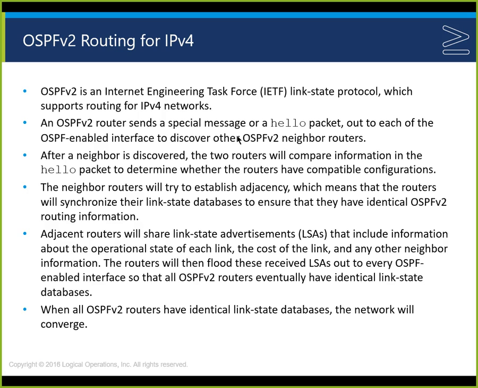OSPF sends hello packets to the OSPF enabled interfaces to discover the other OSPF routers, and after a neighbor's discovered, the routers compare the information in the hello packet to see if it's the same information. If it is, it's an okay, and we will establish an adjacency.